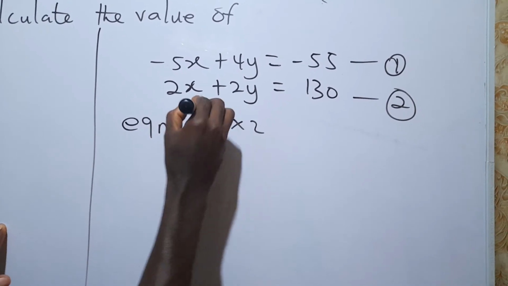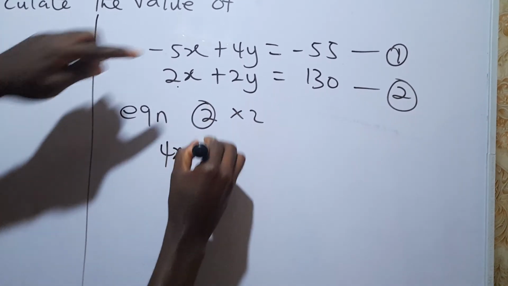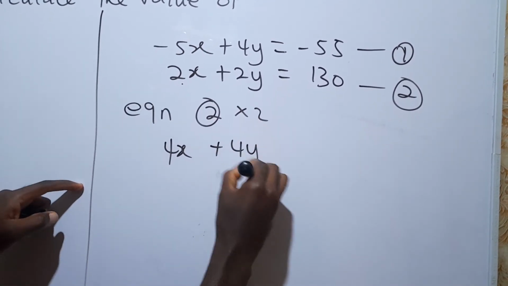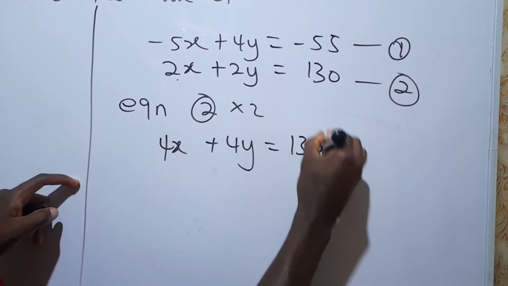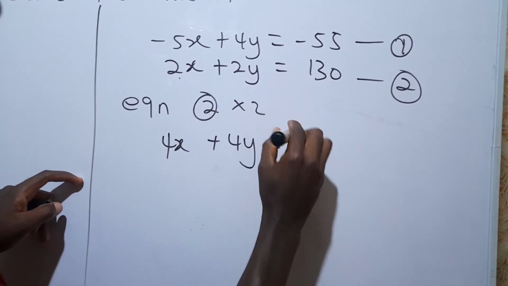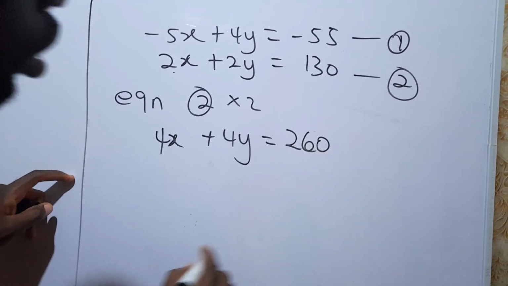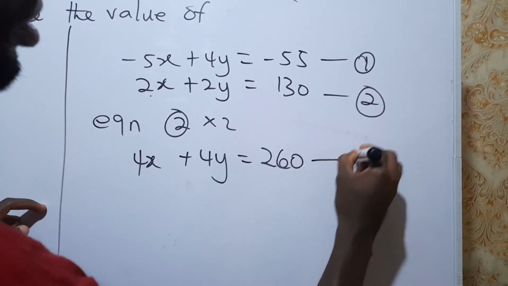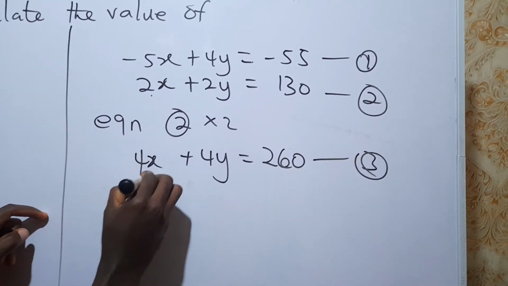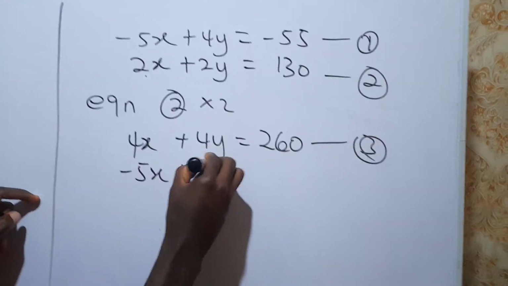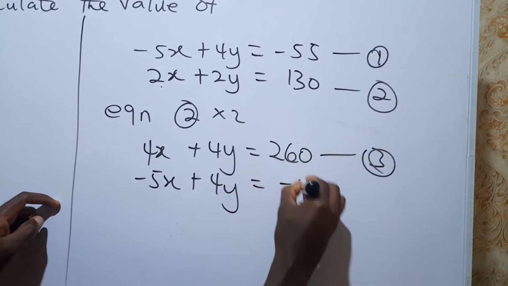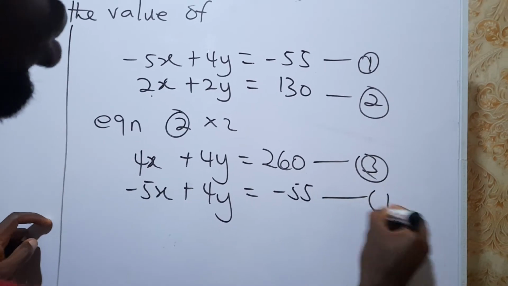So what do I have? I'll get 4x plus 4y equal to 130 times 2, which is 260. This is equation 3. Then I have negative 5x plus 4y equal to negative 55, equation 1.